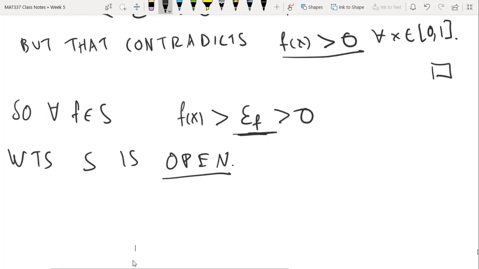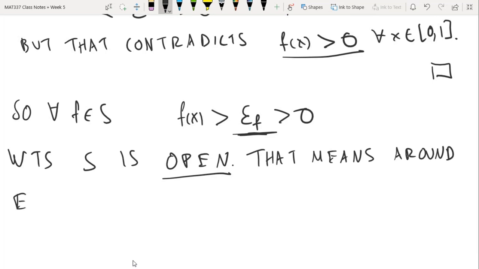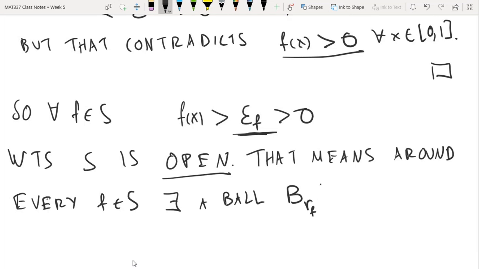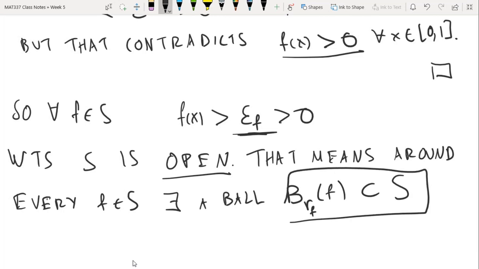That means around every f in S, there exists a radius and a ball that is fully contained in the set, for some r f positive.